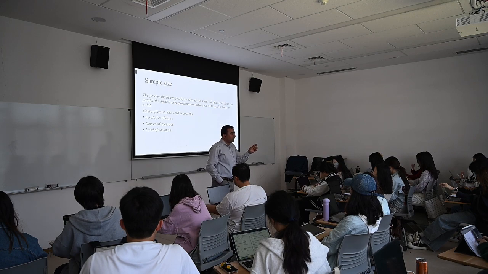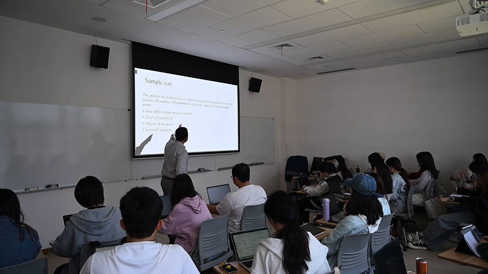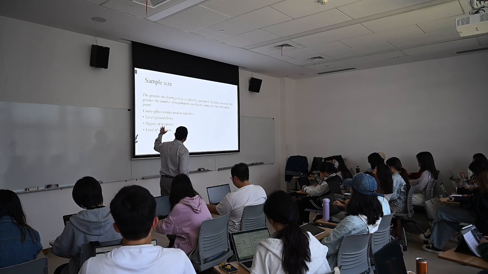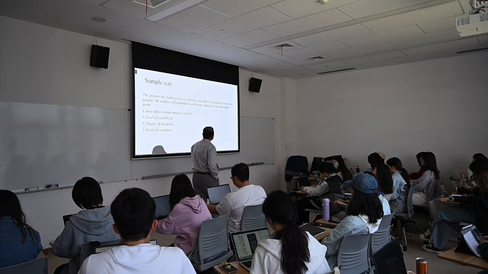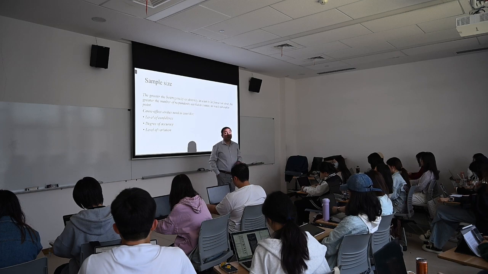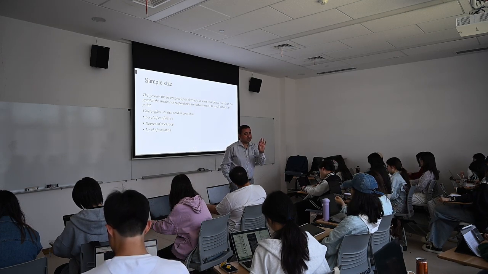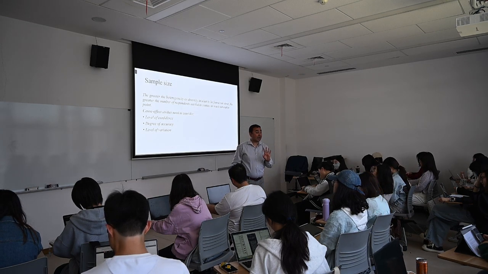Here you see, the greater the heterogeneity or the diversity in what is to be found out about, the greater the number of respondents needed to be contacted. So if they have similar characteristics, only a few respondents are enough.